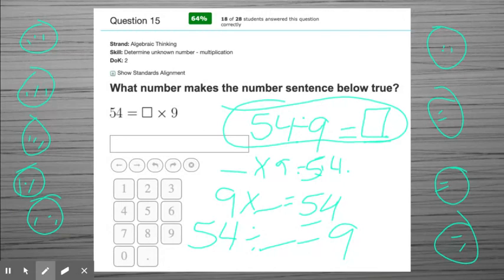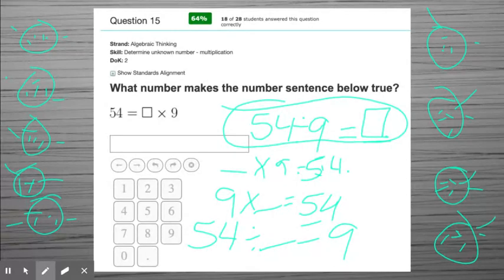23, 24, 25, 26, 27, 28, 29, 30, 31, 32, 33, 34, 35, 36, 37, 38, 39, 40, 41, 42, 43, 44, 45, 46, 47, 48, 49, 50, 51, 52, 53, 54.